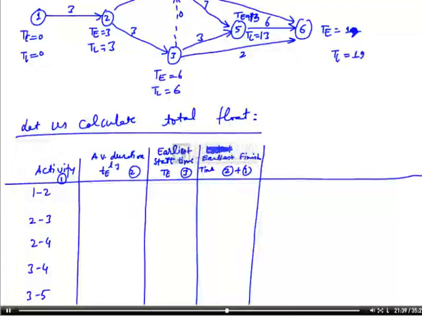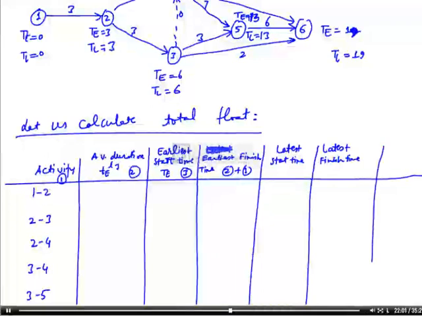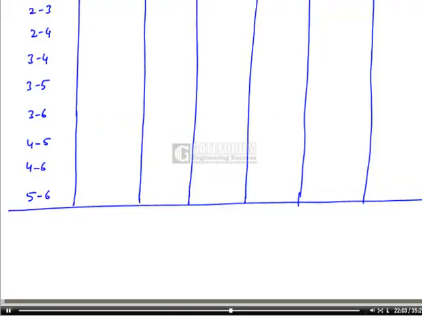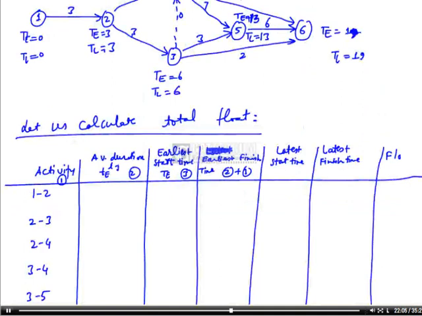Then we'll go for latest start time and latest finish time. So latest start time, and this is latest finish time. So first we will calculate latest finish time, and this will give float or total float. This is column number 4.